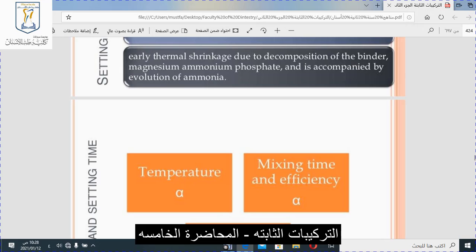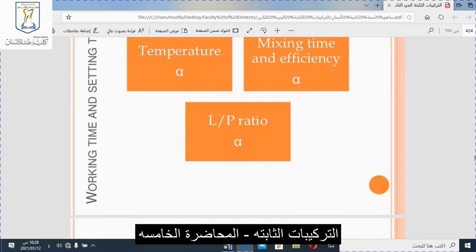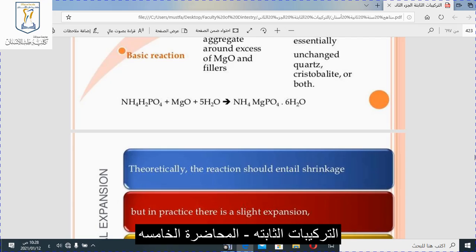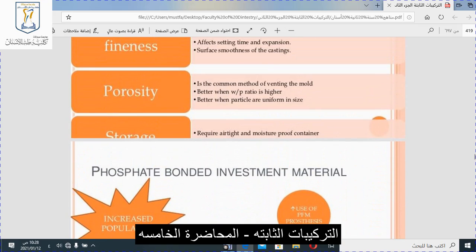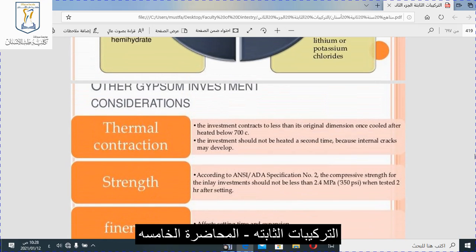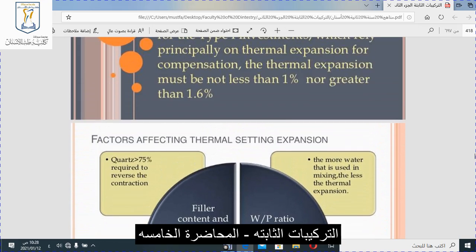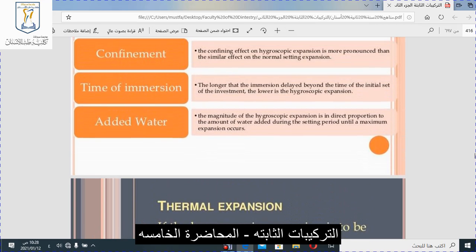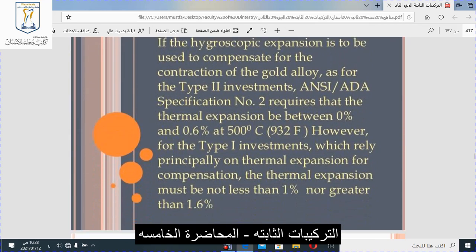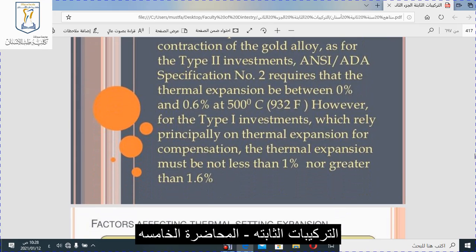So the casting ring, the metallic casting ring, can be used with gypsum bonded investment to support the investment material, because during casting it might break, so the ring gives support for the investment material. The metallic ring, as we told before in the lecture, is lined by a liner.